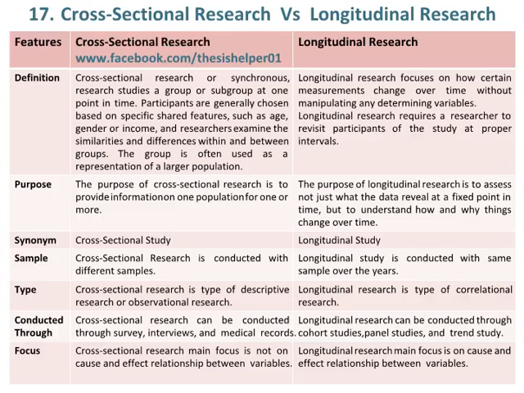Cross-sectional research is conducted with different samples, whereas longitudinal study is conducted with the same sample over the years. Cross-sectional research is a type of descriptive or observational research, whereas longitudinal research is a type of correlational research.